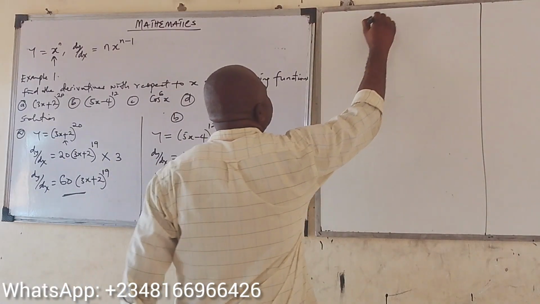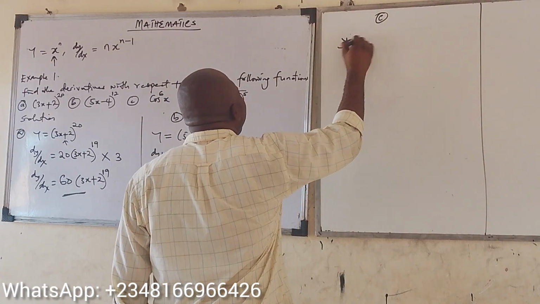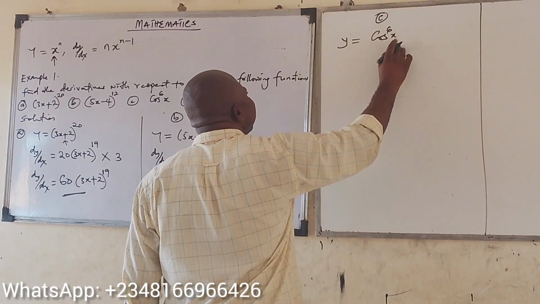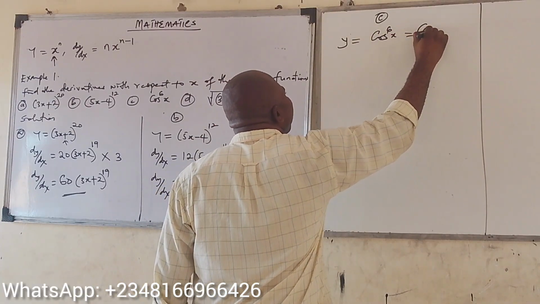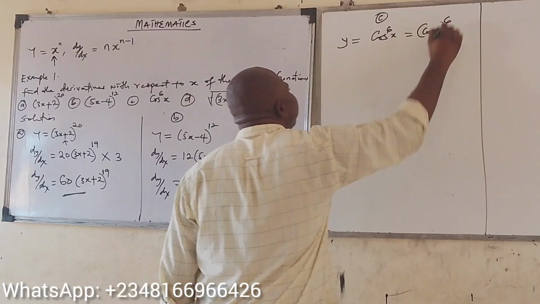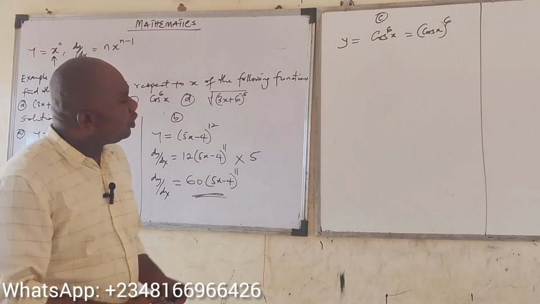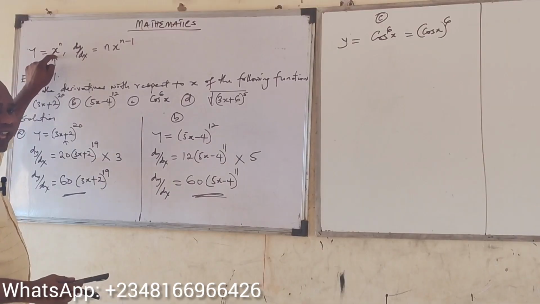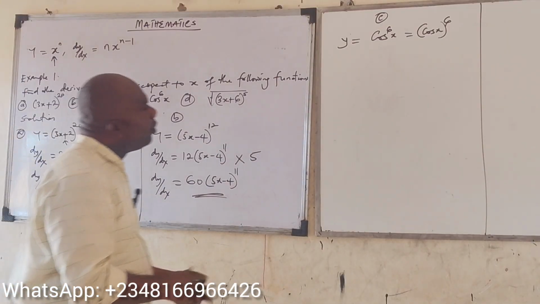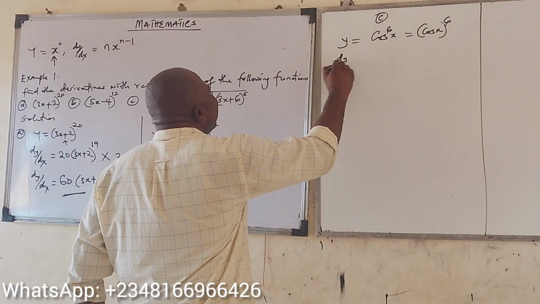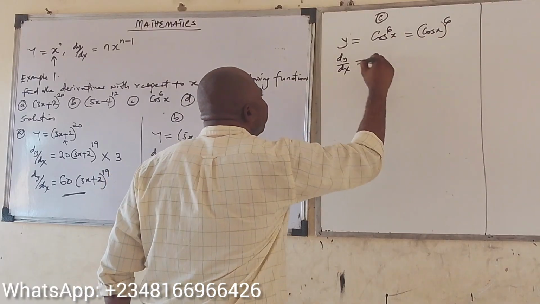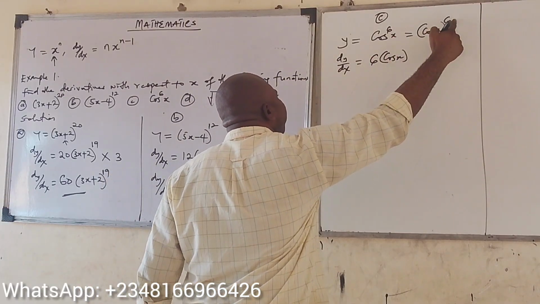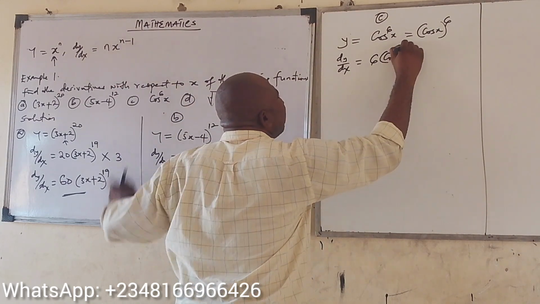Question C, we have y is equal to cos power 6x. This is the same as saying cos x all raised to the power of 6. If you look at this function very closely, you will see that cos x has actually taken the position of x. So dy/dx will be equal to 6 cos x raised to the power of, you minus 1 from here, power 5.